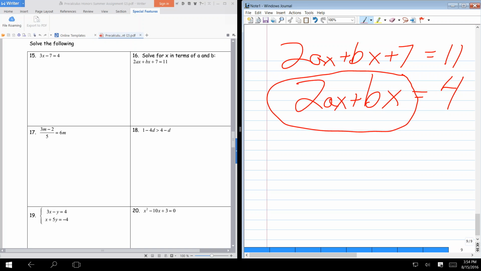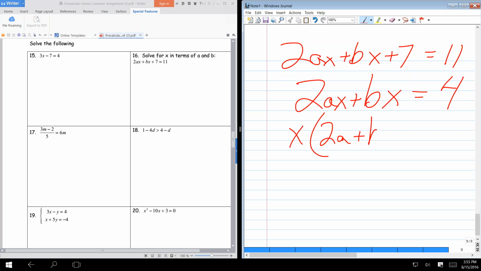Factoring is so frequently the solution to math problems that it should always be in the forefront of your mind when you're trying to solve something: can I factor this? Well, you can factor out x. Okay, what's left over? 2a plus b. And now check to make sure we haven't changed it. We haven't.